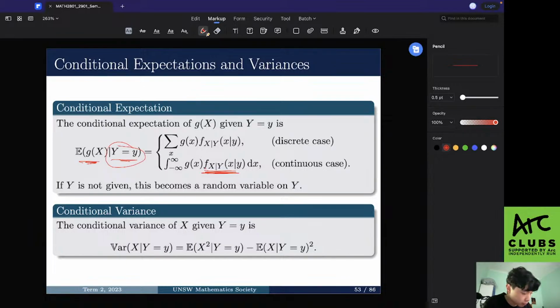So essentially it's just replace f of x with f of x given y. And then of course we have the variance formula. It's just E of X squared minus E of X, squared, except in this case we have the fact that y is already set. Hopefully that makes sense.